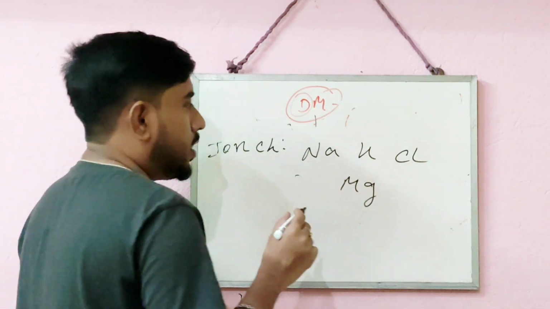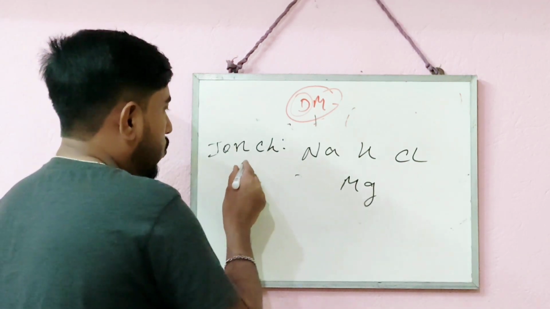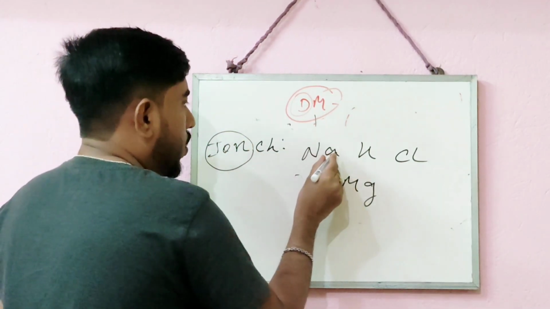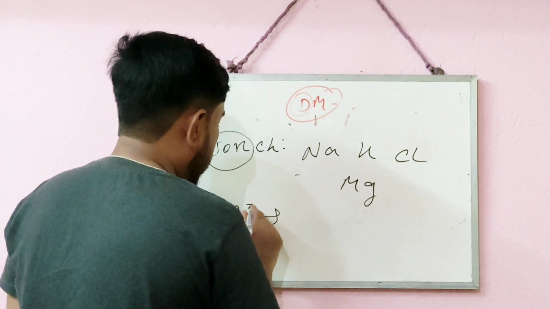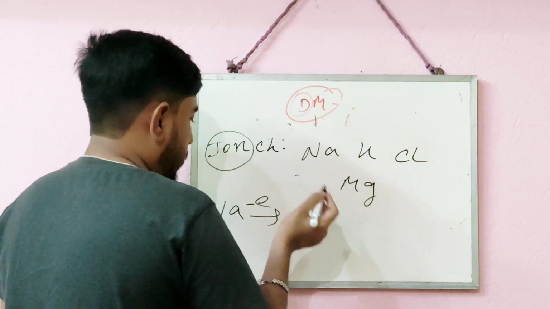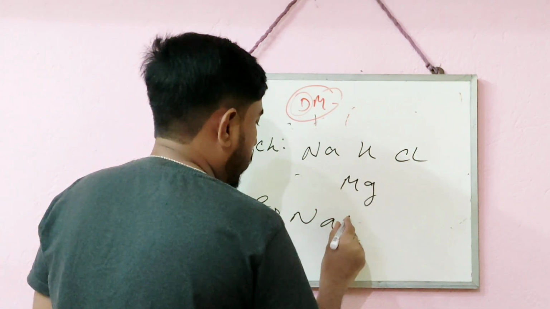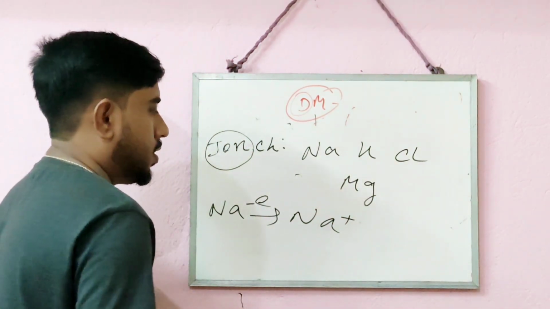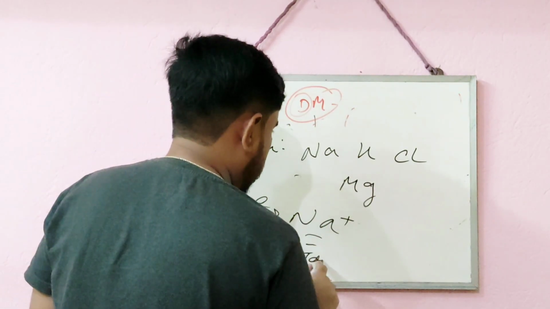When they release their charge or accept a charge, they produce ions. When sodium removes one electron, it changes into Na plus. So that Na plus is an ion.